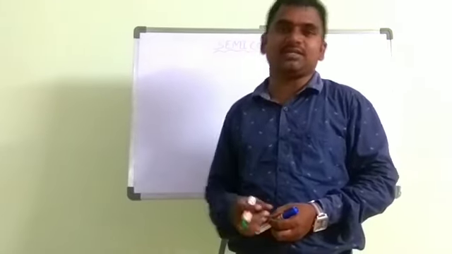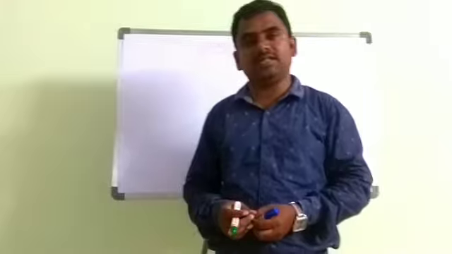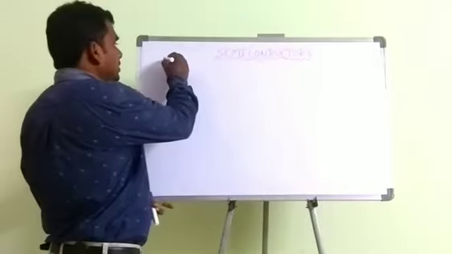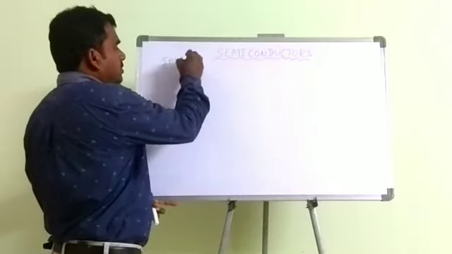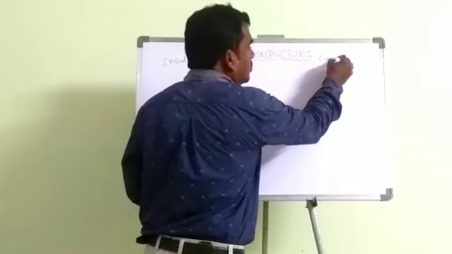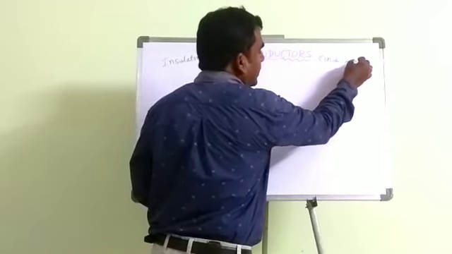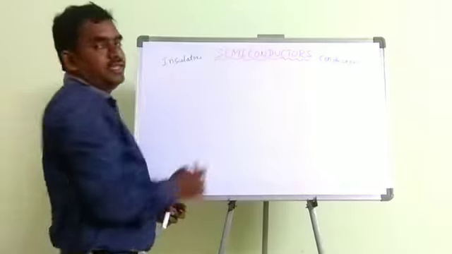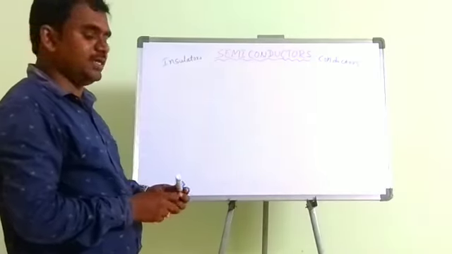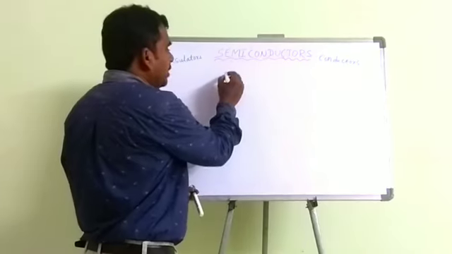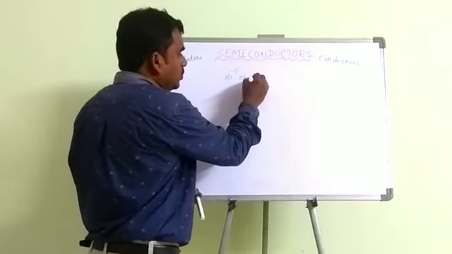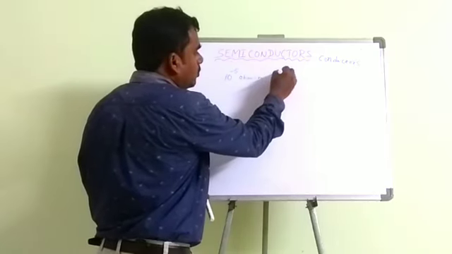Semiconductors are the intermediate materials that exist between the insulators and the conductors, whose electrical conducting property lies in between them, and the resistivity of these materials changes from 10 power minus 5 ohm meter to 10 power 4 ohm meter.